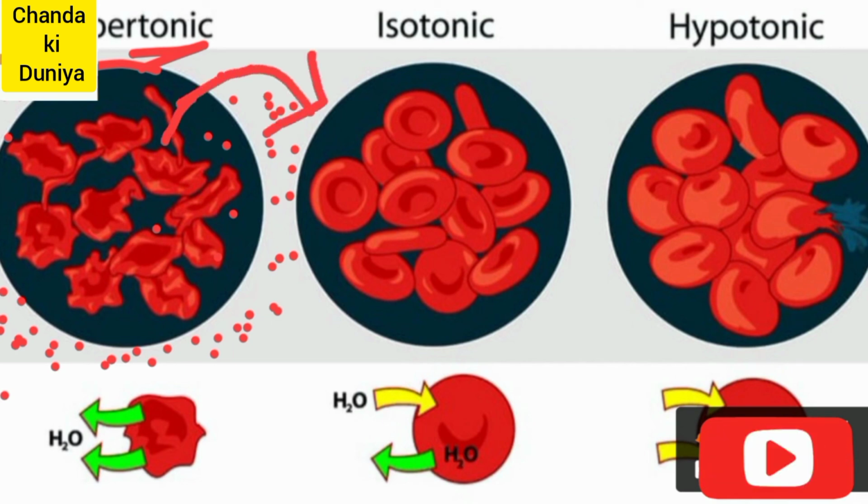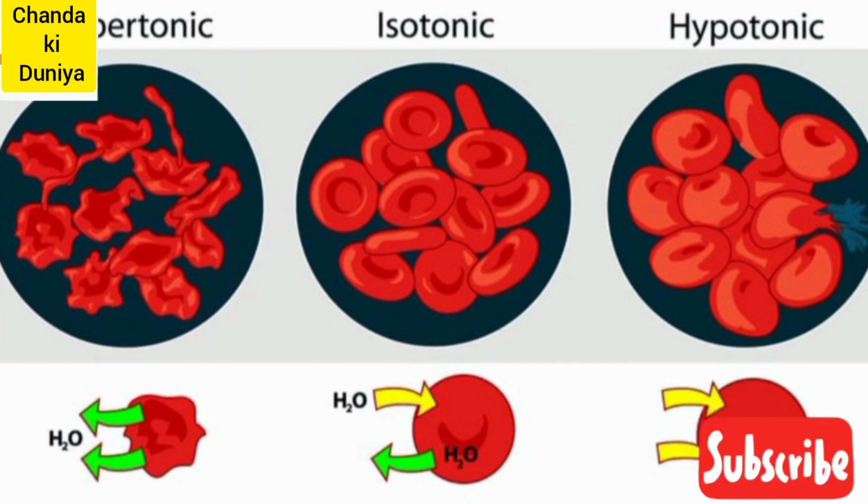In this way, the cells present inside will be squeezed, and this condition is called crenation, because water moves out of the cell, which shrinks the cell. So we have learned about hypertonic.